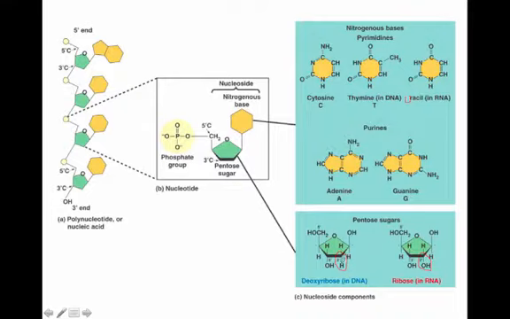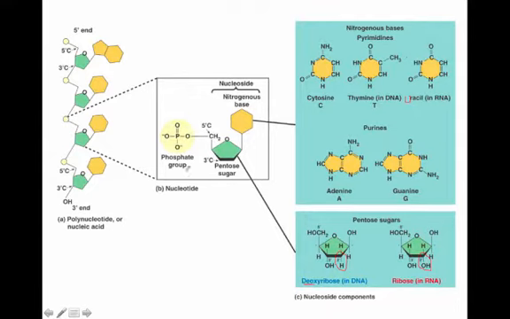Over here on the 2' carbon, we just have the hydrogen, the H. This carbon has been deoxied. The oxygen is gone. Whereas over here, the oxygen is present. Okay? So DNA versus RNA is the only difference as far as the sugar. And of course, the difference with the nitrogenous bases. We have our T, our thymine in DNA, and uracil in RNA.